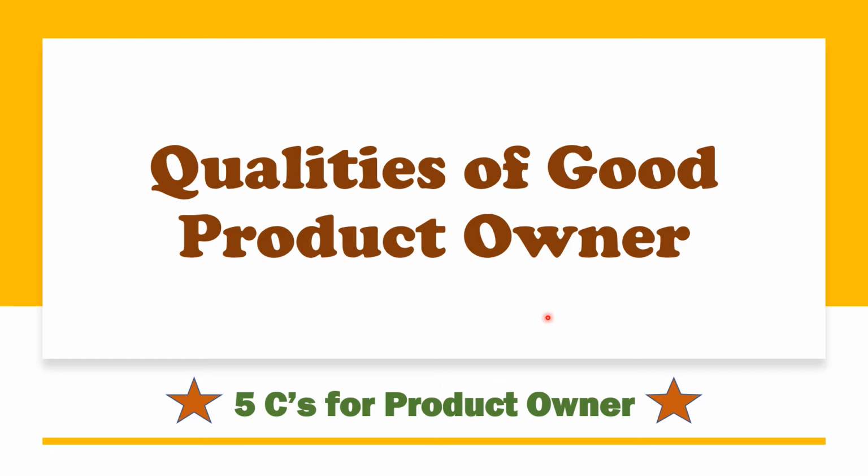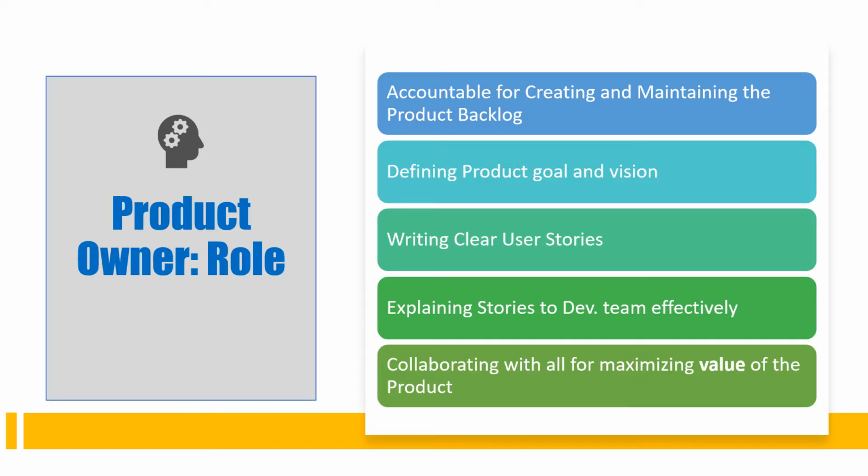So let us begin. Before we start discussing the product owner's key characteristics, attributes or qualities, let us understand the product owner role in the Agile Scrum process. The product owner is someone who is accountable for creating and maintaining the product backlog.